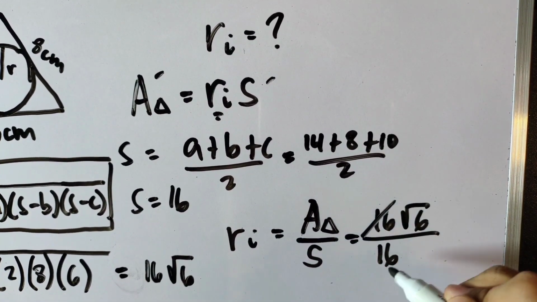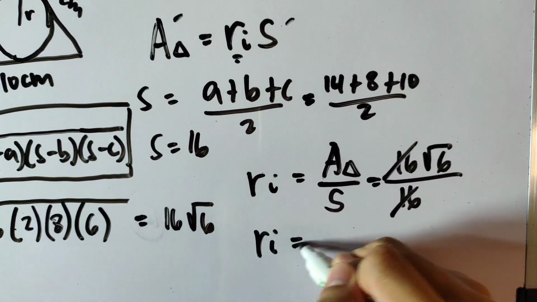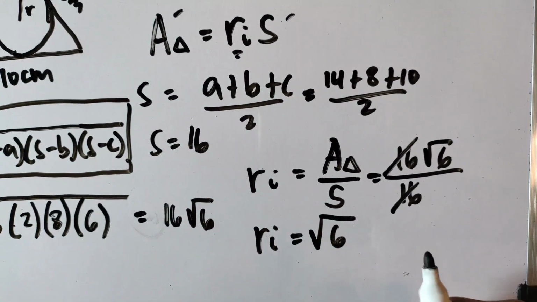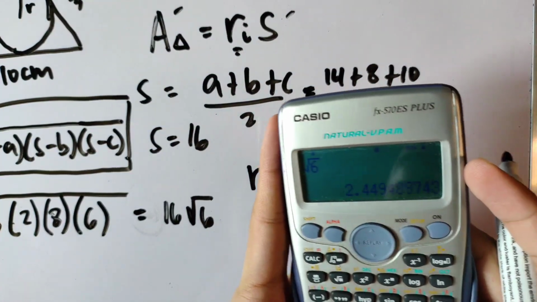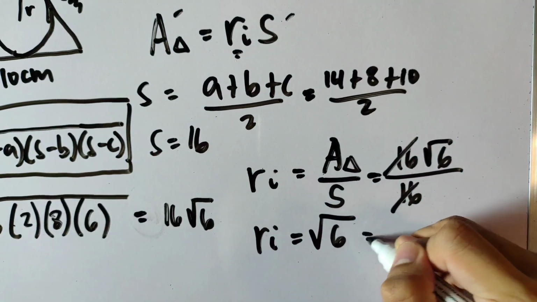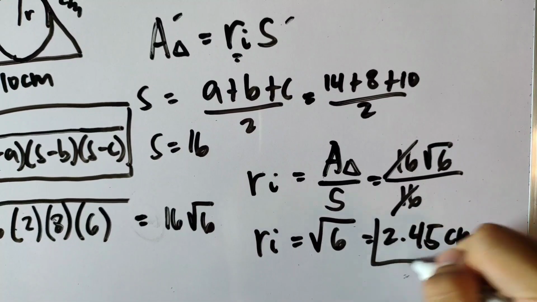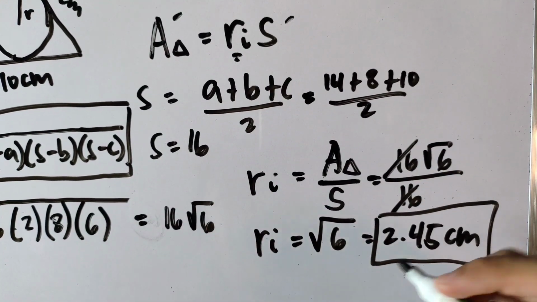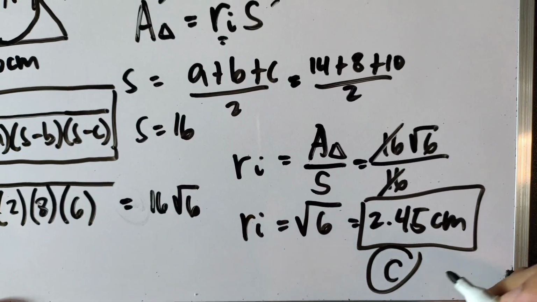So, makakancel yung 16 dito. So, yung radius ng inscribed circle natin is equal to square root of 6, which is equivalent to 2.45 centimeters. At based na sa choices, letter A ito. So, yun ang tamang sagot.